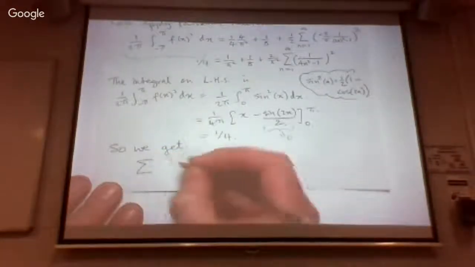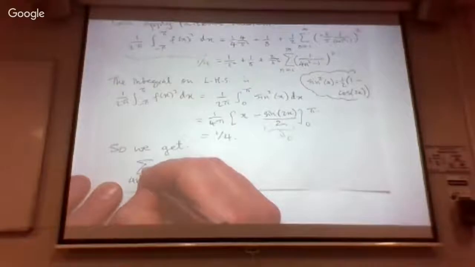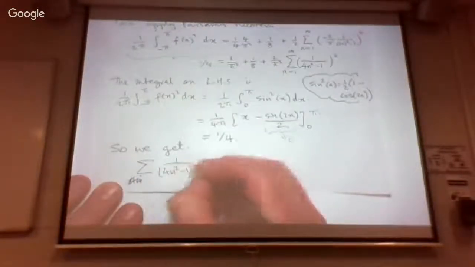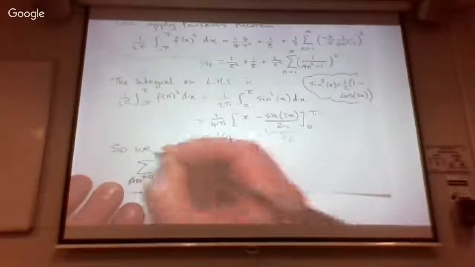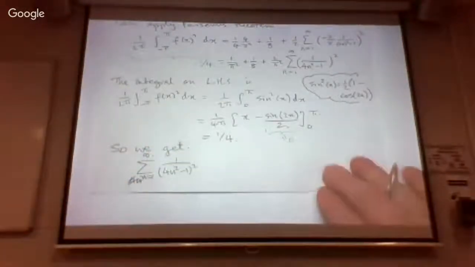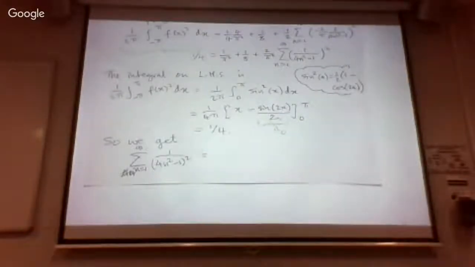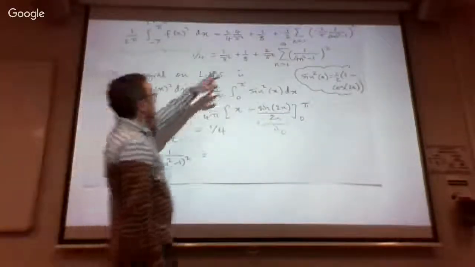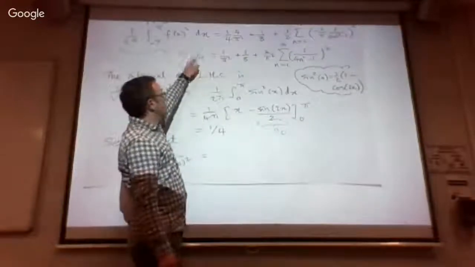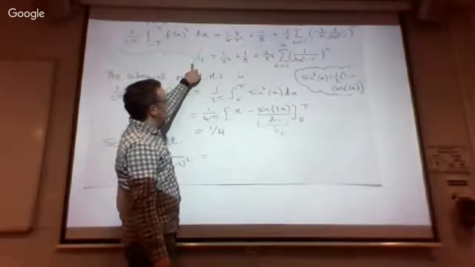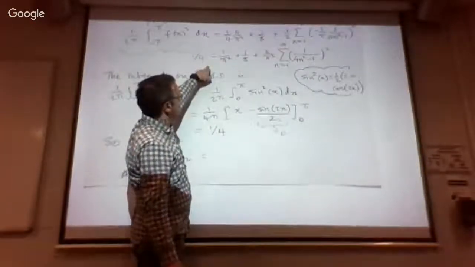What do we get? We get the sum of 1 over 4n squared minus 1, all of it squared, sum from n equals 1 to infinity. Well, you move the 8th over, it becomes minus an 8th. So a quarter minus an 8th is an 8th. So you get an 8th on the left-hand side, minus 1 over pi squared.